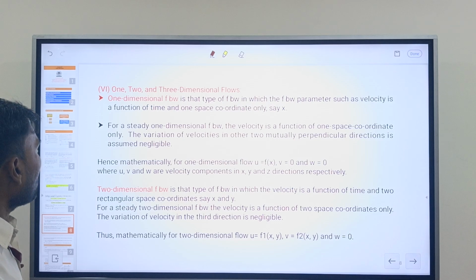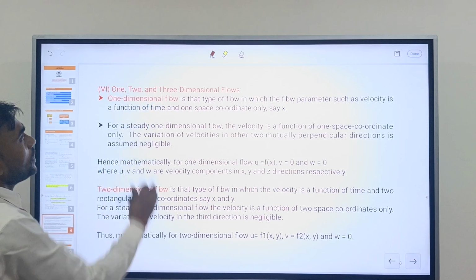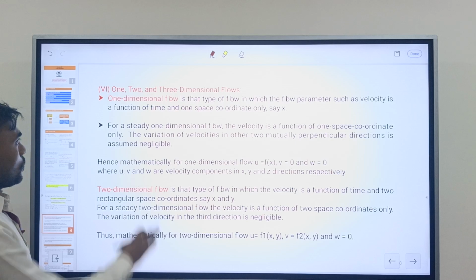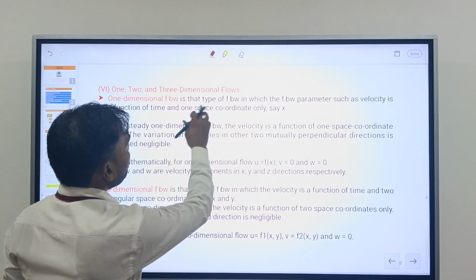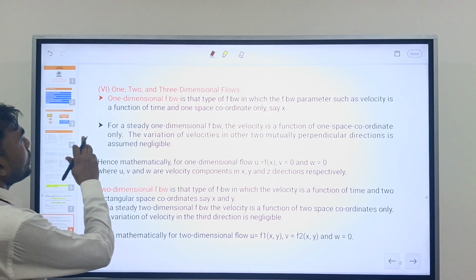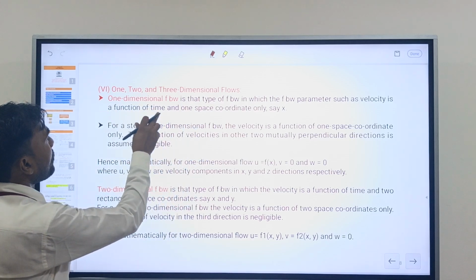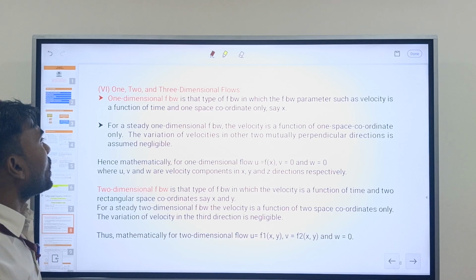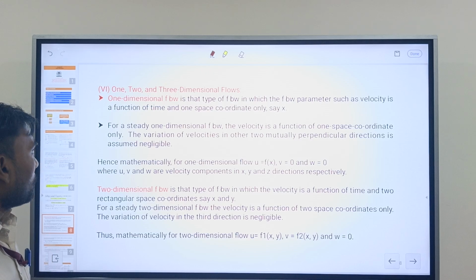So next, 1, 2 and 3 dimensional fluid flow. In case of one dimensional fluid flow, the flow parameter such as velocity is a function of time and one space coordinate only, say x.